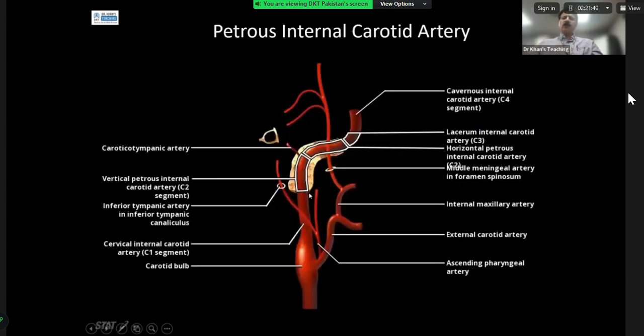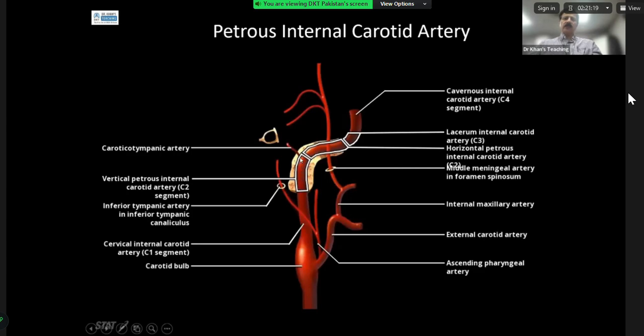Now, just concentrate on what happens with the carotid artery. Now, the carotid artery is coming through the neck. It is the content of the carotid space. It goes into the petrous temporal bone, the pyramid. And if you see here, it travels through it vertically, and we will see it on a CT scan shortly.